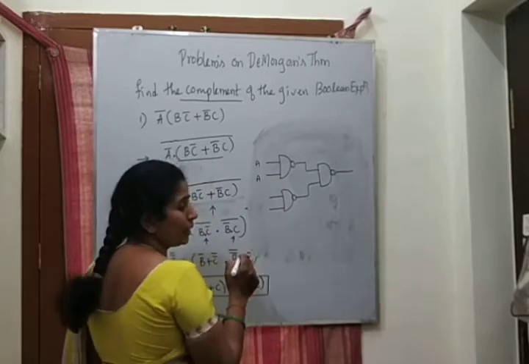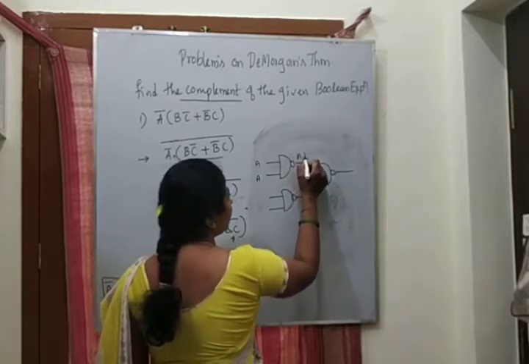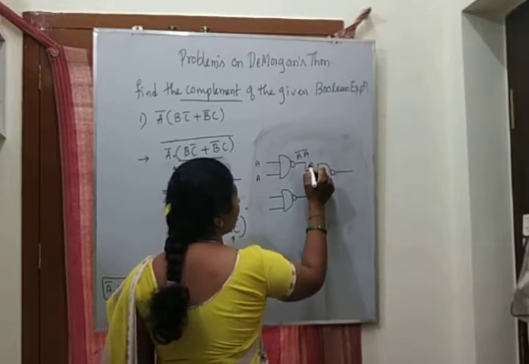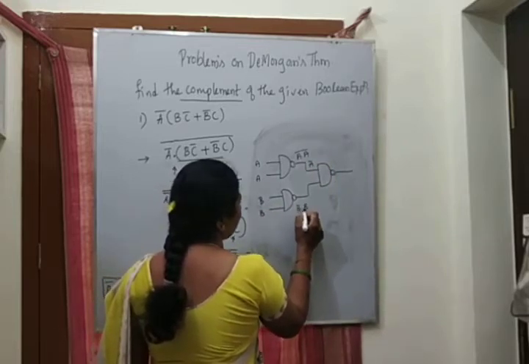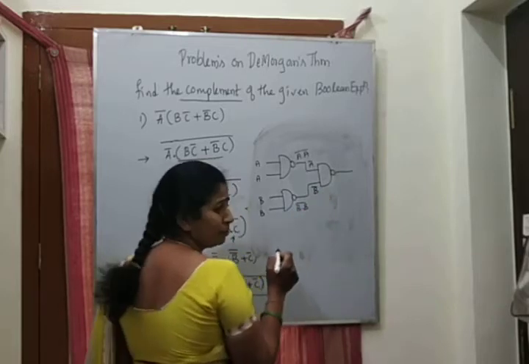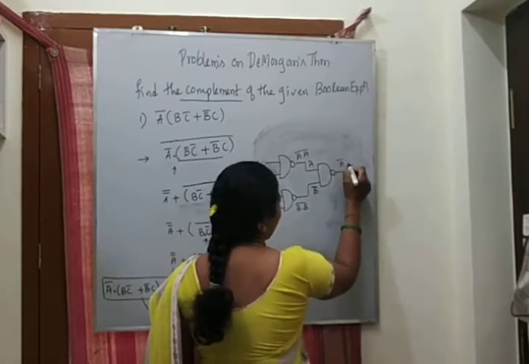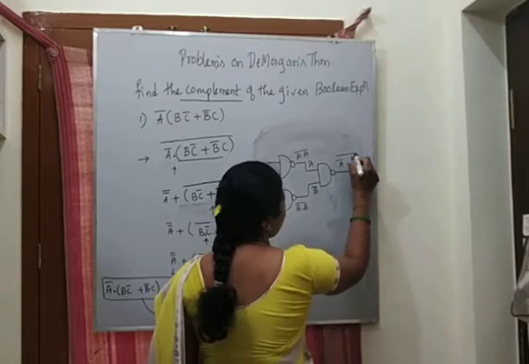A we have given twice, so we get A into A whole complement, which can be written as A complement. B into B whole complement we got as B complement. Then A complement into B complement whole complement.